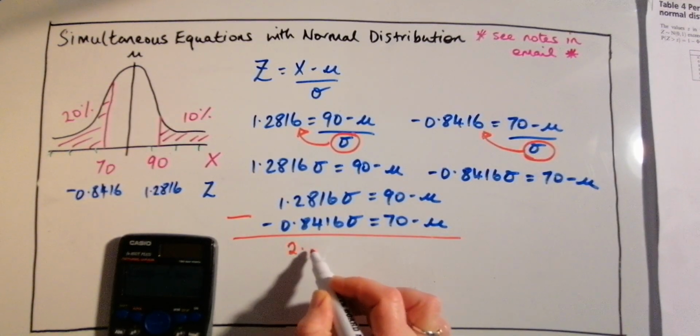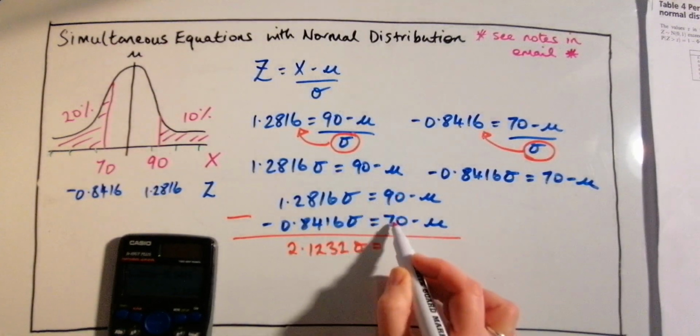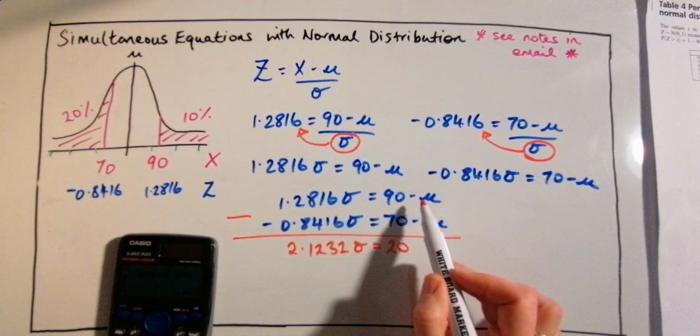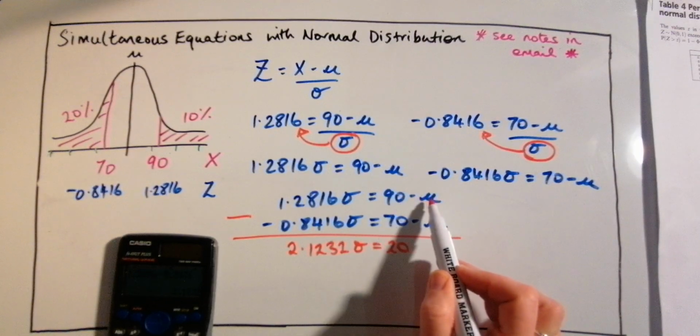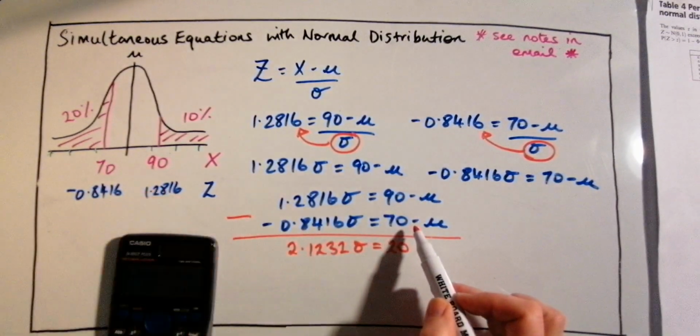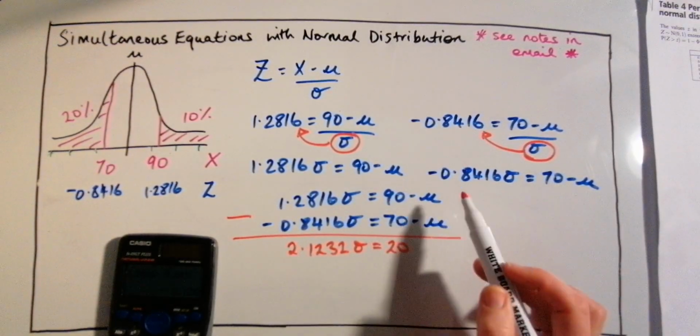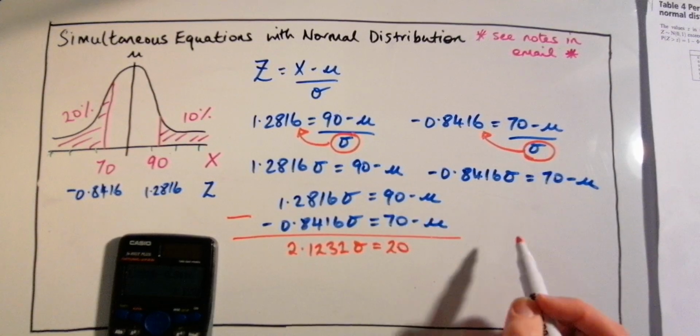So we're going to get 2.1232 standard deviations is equal to 90, take away 70 will give you 20. And then look, if you've got negative mu, take away negative mu, your two takeaways become a plus, so you've got minus mu plus mu. So you have 0, so that's your elimination part done, that's your mean now cancelled out.